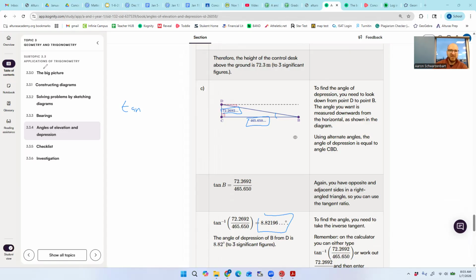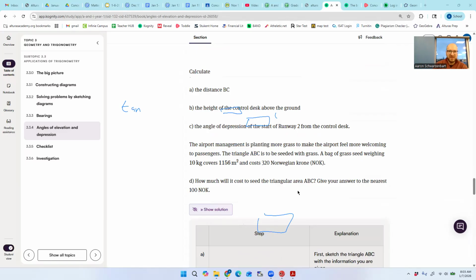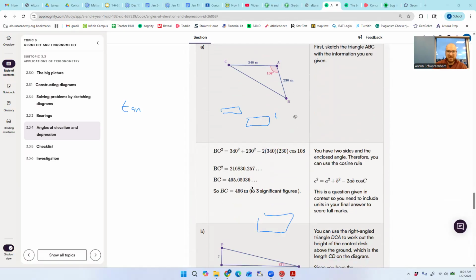And then part D is related to planting grass to make the airport feel more welcoming. The triangle ABCD needs to be seeded. A bag of grass seed weighing 10 kilograms costs this much and covers this much area.